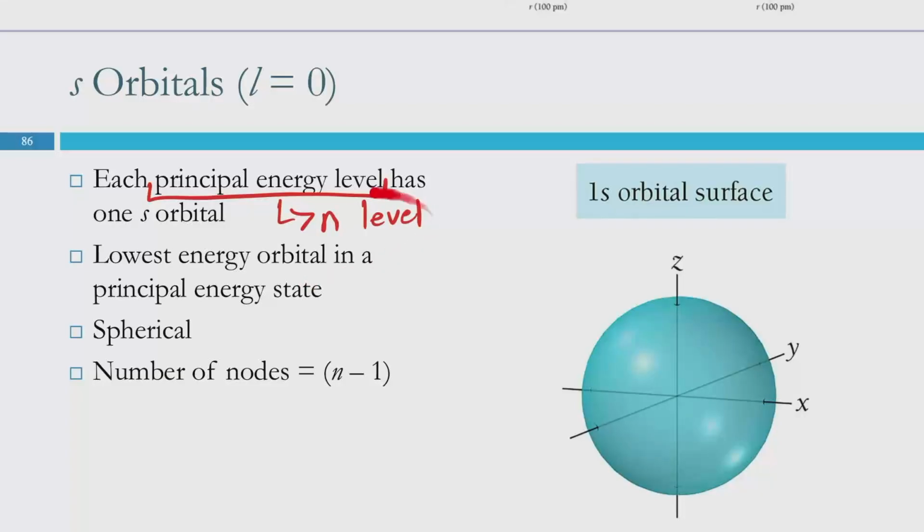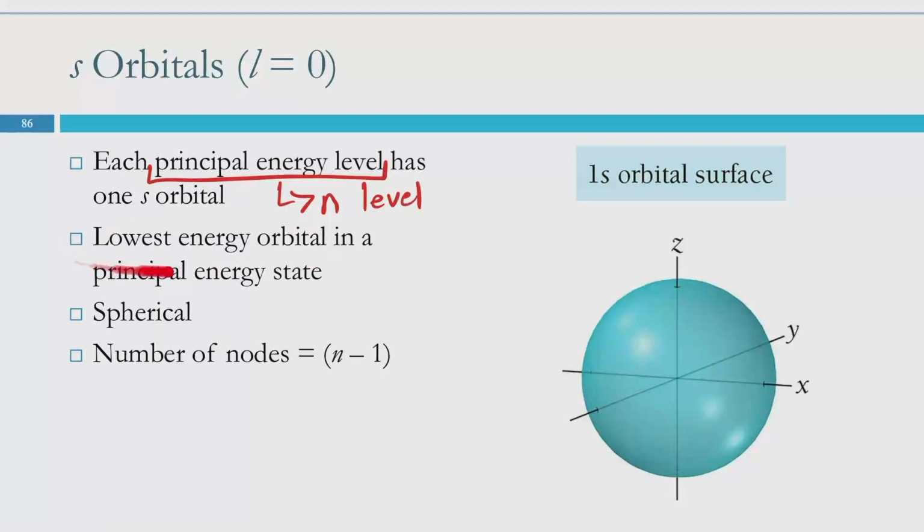So each of our n levels has one s orbital, where L equals 0. This is always going to be our lowest energy orbital in any given n level. It's spherical because it's an s orbital. The number of nodes or rings where the probability is 0 is n minus 1.